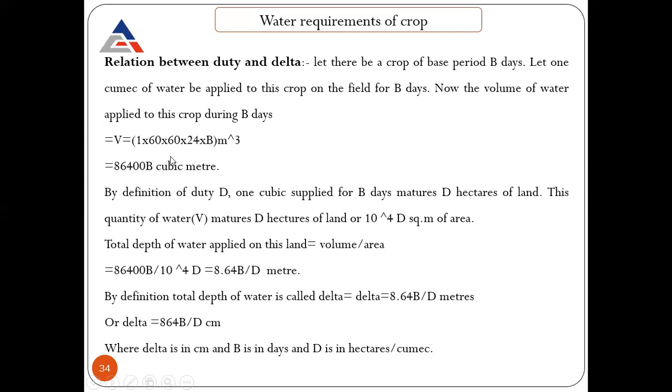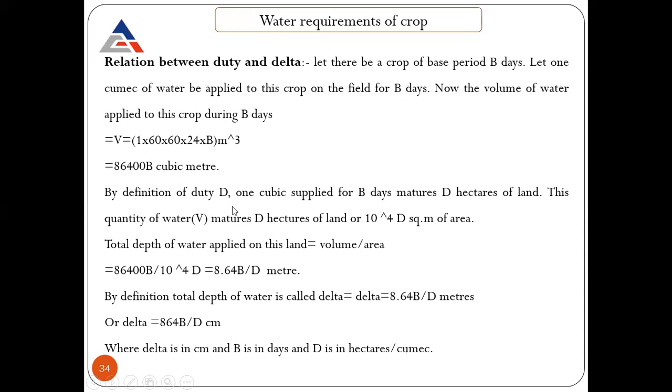So the volume comes out to be 60 into 60 into 24 into B meter cube, so 86400B cubic meter. This is the volume that we require for 1 cubic supply. It means if 1 meter cube per second of water is supplied for B days, this much volume is needed.